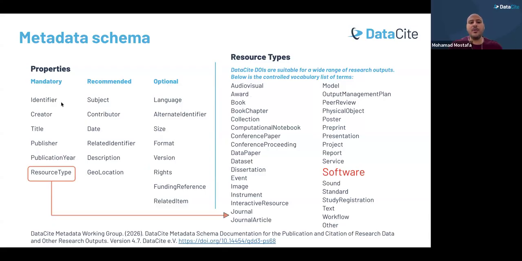In terms of the structure of our metadata schema, we have mandatory properties, which you need to provide in order to register a DataCite DOI. Then we have recommended properties, and then optional properties.